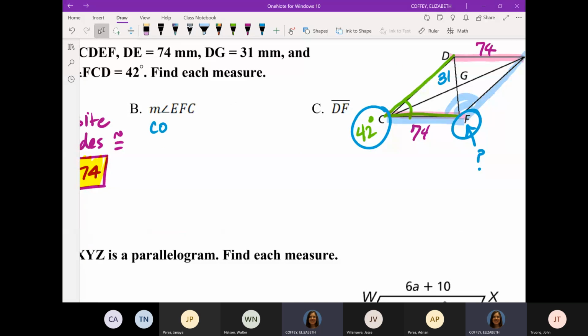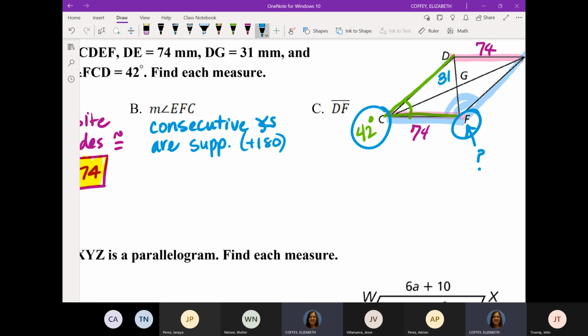Okay, so that helps me because I know that consecutive angles are what? Are they congruent or are they supplementary? They're supplementary, right? You don't have to memorize this. It's on your properties on the left. You do, however, need to know that supplementary means they add up to 180. All right.